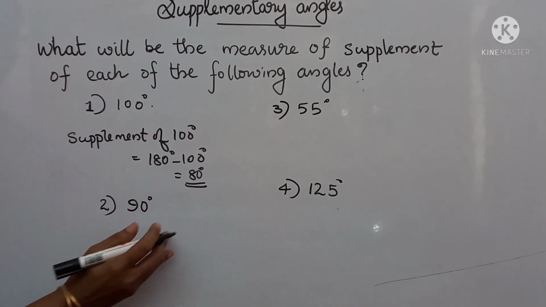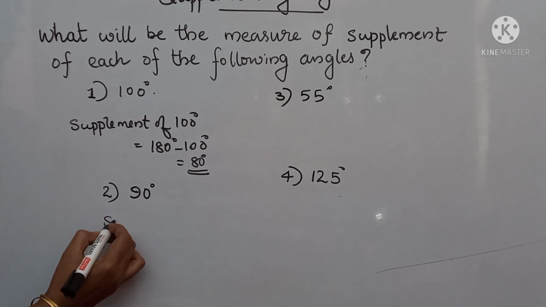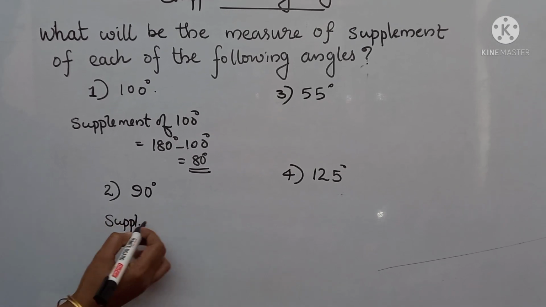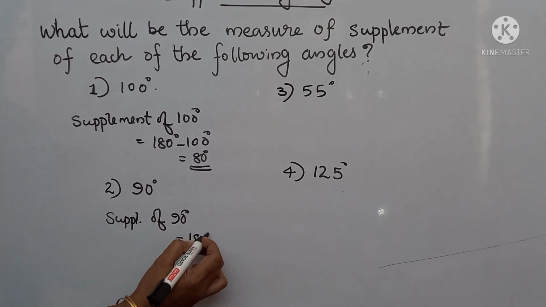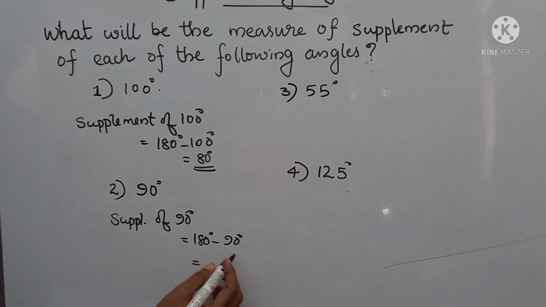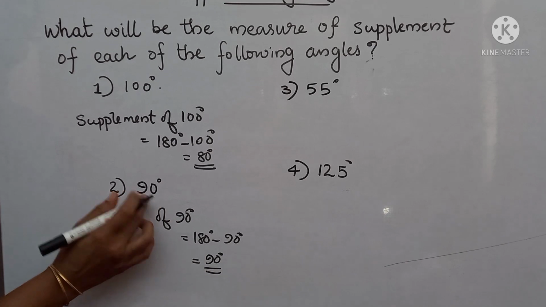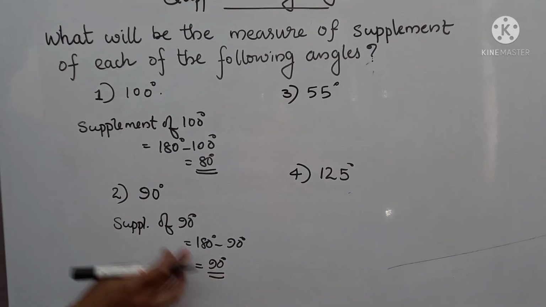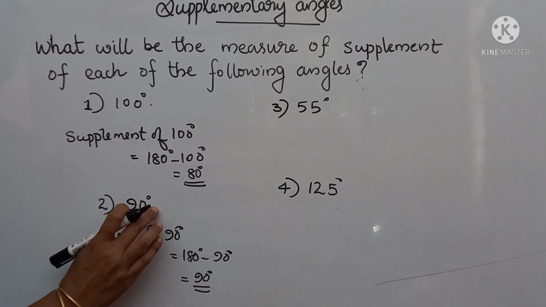And the second one is 90 degree. We know the sum should be equal to 180 degree, so the supplement of 90 degree is 180 minus 90 degree, which is equal to 90 degree itself. So the supplement of 90 degree is 90 degree. That means the angle which is equal to its supplement is 90 degree.